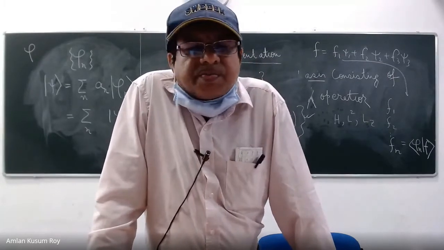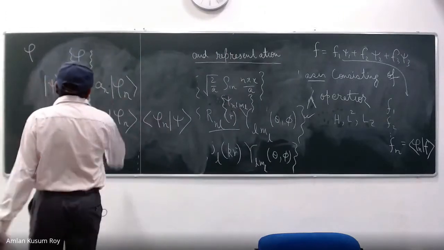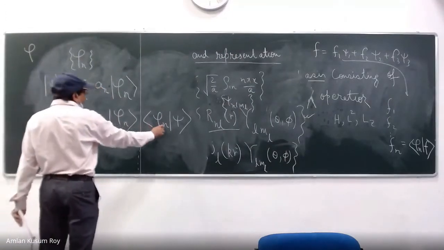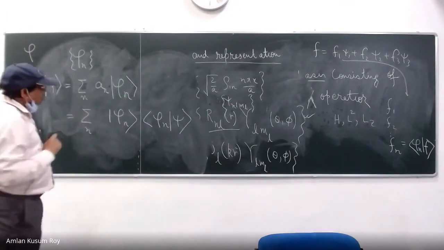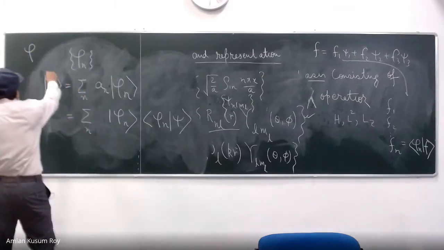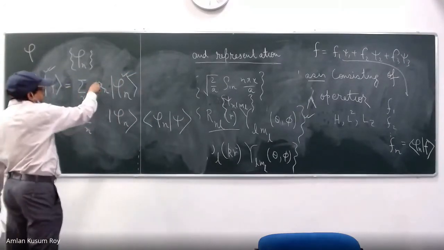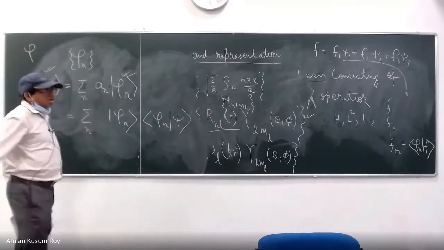Everybody understands? I have just used the definition to write this expression. Now what is the meaning? This is my unknown function and this is my basis, and these are the coefficient vectors for the projection.